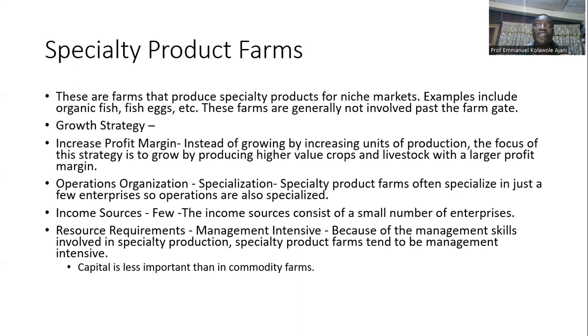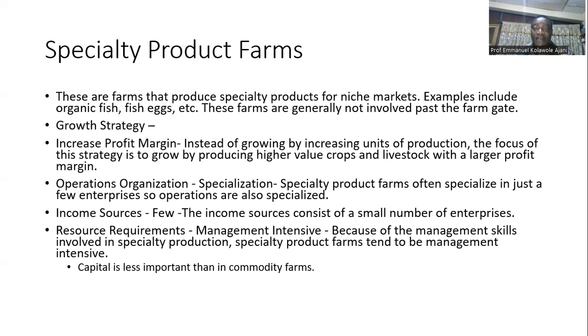And this sturgeon fish is prized for its eggs. People buy the eggs of this fish for a very huge amount of money, and it's for a special market. So this kind of farm is referred to as a specialty product farm.